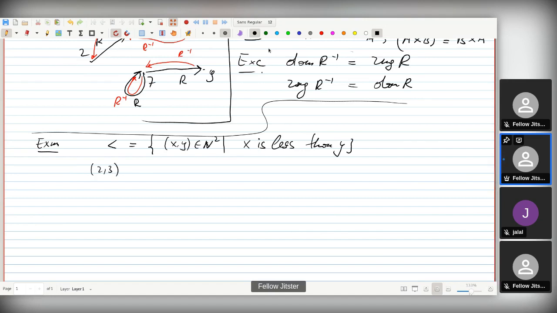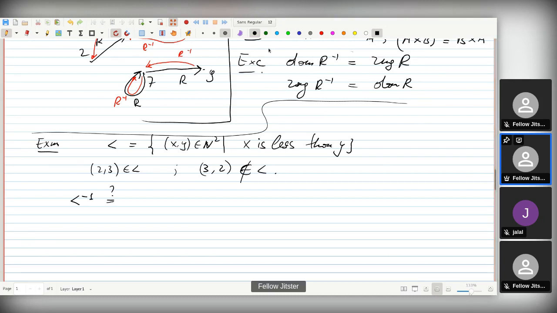Say (2, 3) belongs to this set, and (3, 2) does not. It is not the case, so it doesn't belong. What is the converse relation?